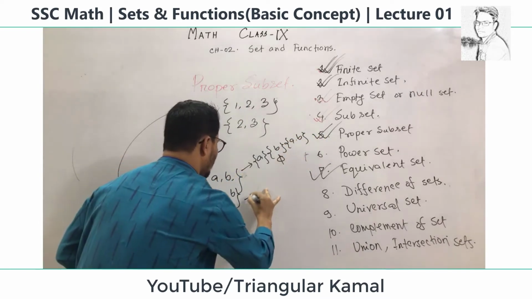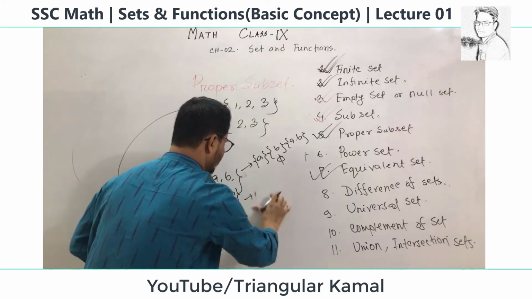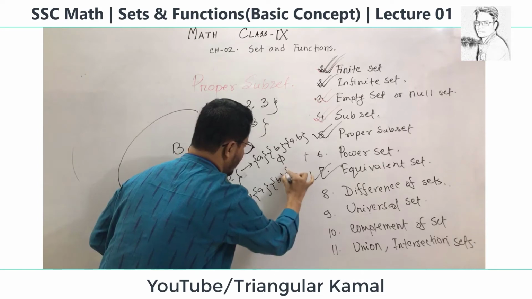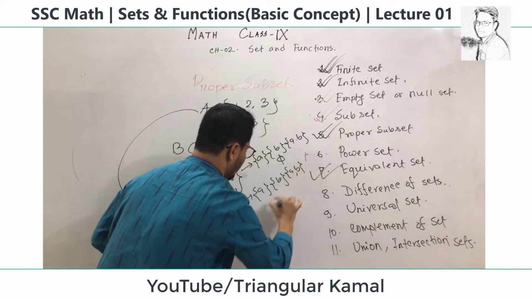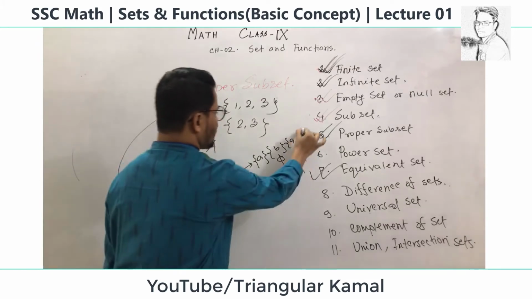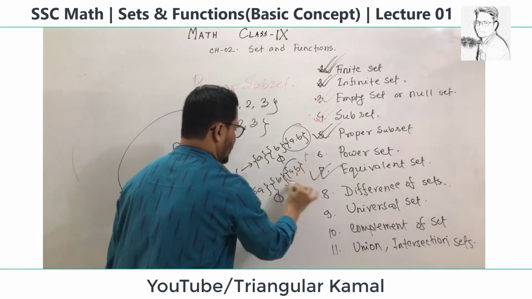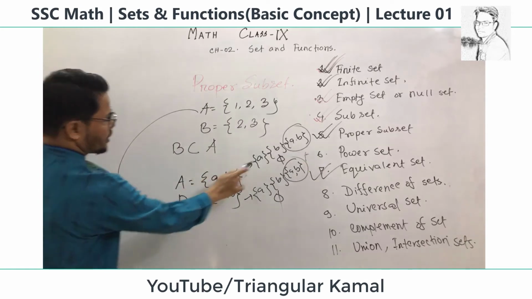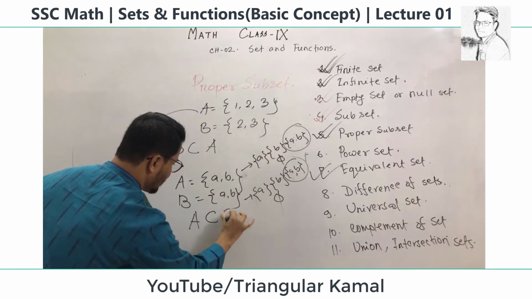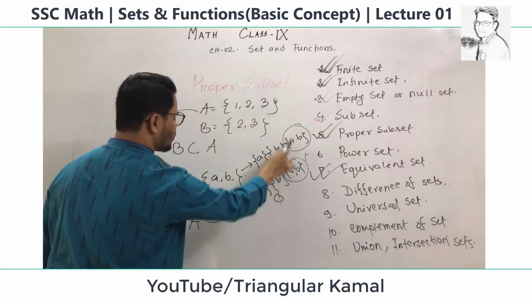Here also A, B, AB, and the empty set. In both cases we see the same subsets. So now A is a subset of B and B is also a subset of A.